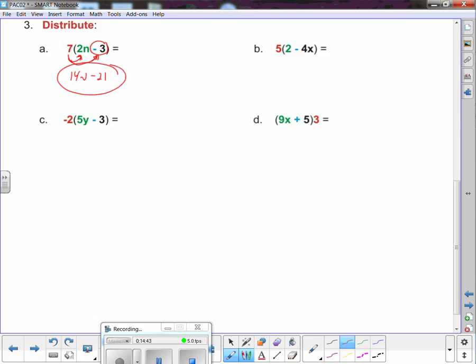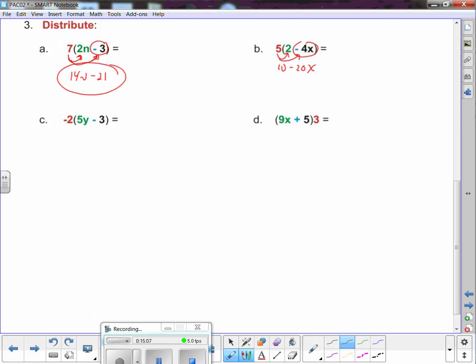All right, somebody do B for me. Amber, go ahead. So she says 10 minus 20x. Anybody agree with that distribution? You should.